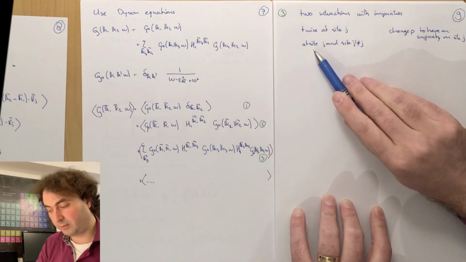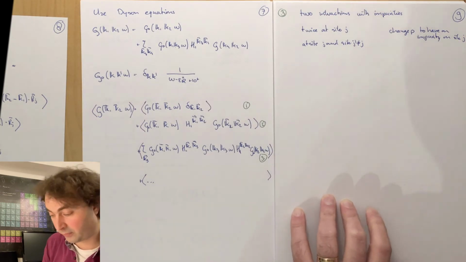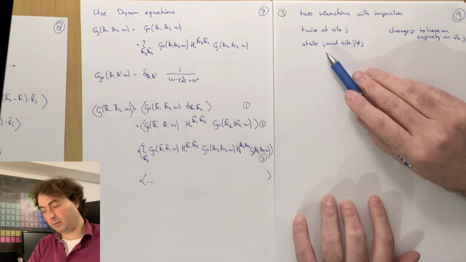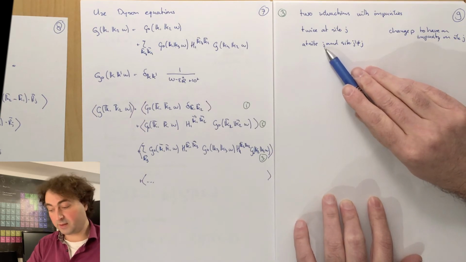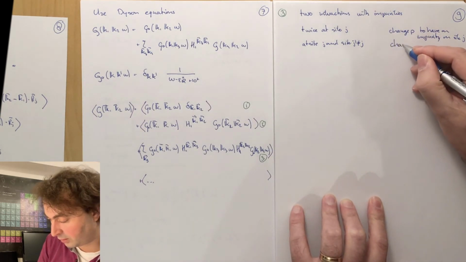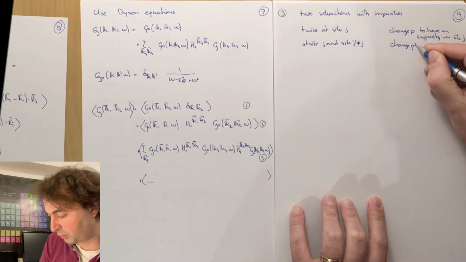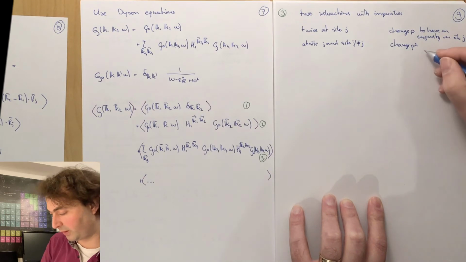Now we can scatter at site J and at site J prime. To be able to do this, we need to have an impurity at site J as well as at site J prime. The chance to have an impurity at both site J and J prime is equal to P squared.